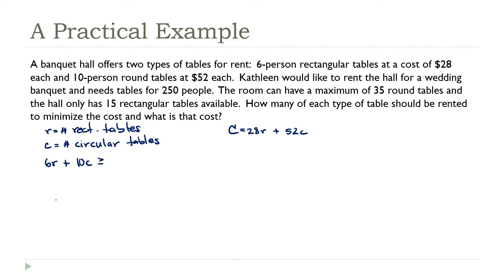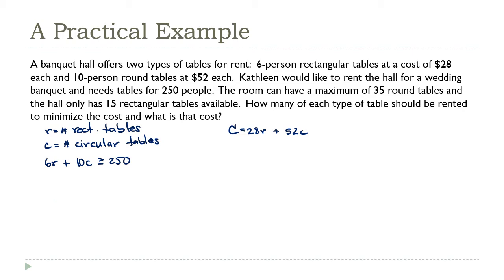And this has to be greater than or equal to 250, not equals, right? Don't put equals in there. There may not even be a solution if you put equals. Equals assumes that the tables have to be full, and that's not the case. If the optimal solution fills up all the rectangular tables and gives me a partially full circular one, I'm going to be fine with that.